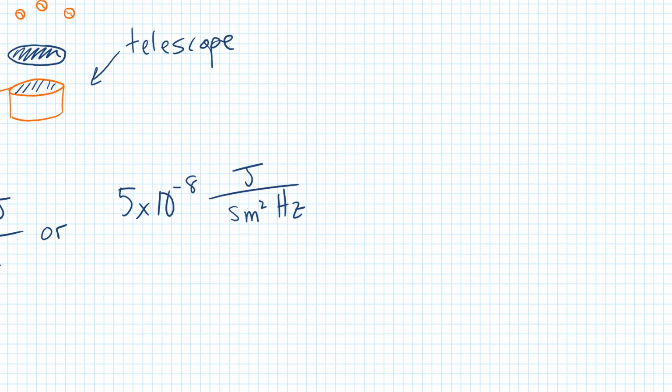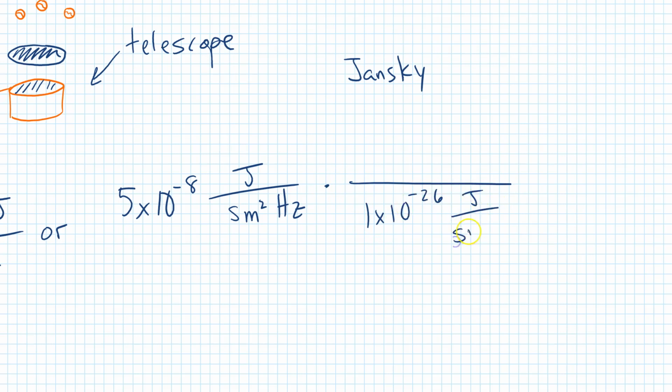Another thing I could do is just use a different unit for this. There's a unit for flux density called the Jansky, named after a guy named Jansky, and I know that 1 Jansky, JY, is 1 times 10 to the minus 26 joules per second meters squared hertz.